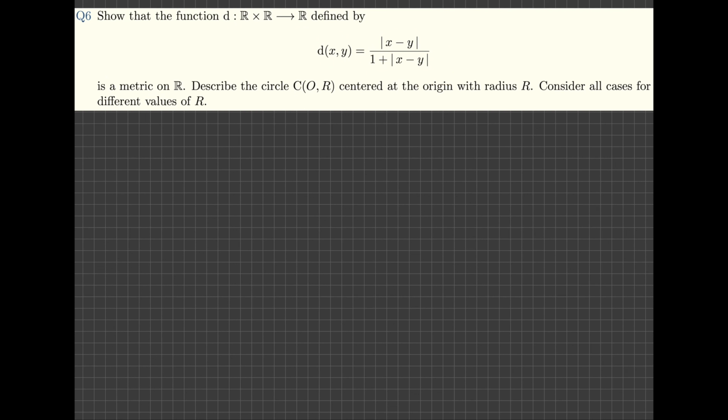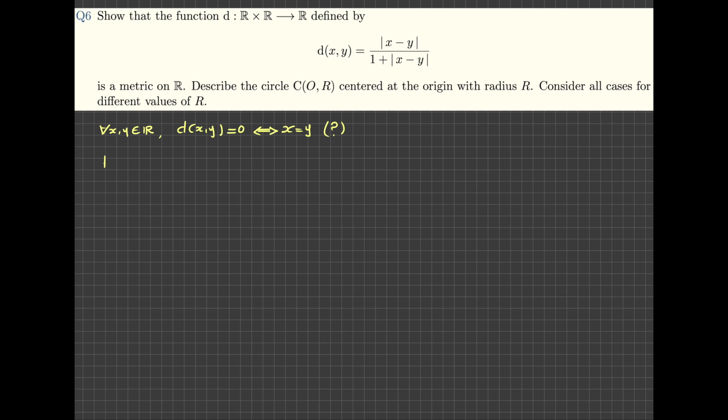For the second condition, I need to prove that for all x and y in R, d(x, y) equals 0 if and only if x is equal to y. So that is what I want to prove.